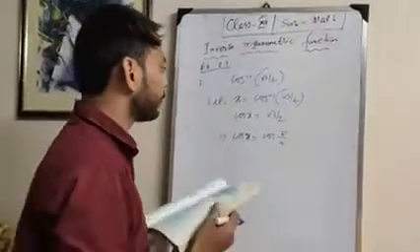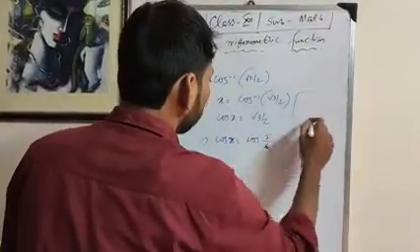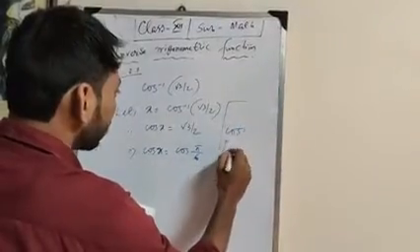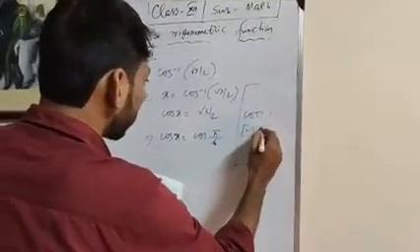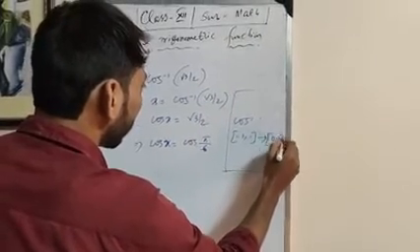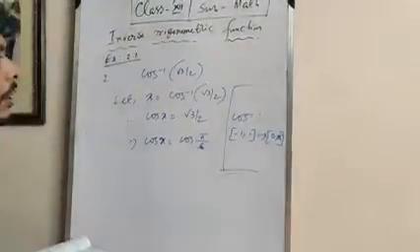Now you know that the cos inverse function is defined from the closed interval minus 1, 1 to 0 comma pi. So the range is the closed interval 0 comma pi.